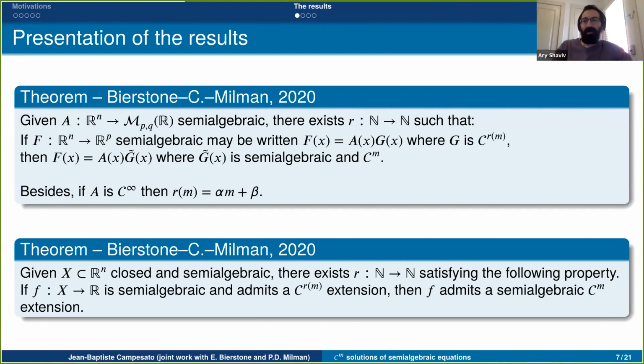It will depend on, we will work locally on strata of a stratification. But we do not have a closed expression or information about R, except for the first problem, in the case where the matrix is infinitely differentiable. Okay, thank you.